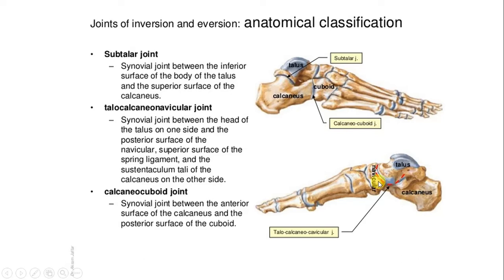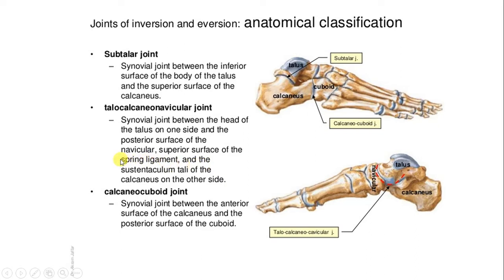So this spring ligament, navicular bone, and calcaneum bone making joint with the head and body of the talus bone make the talocalcaneonavicular joint.